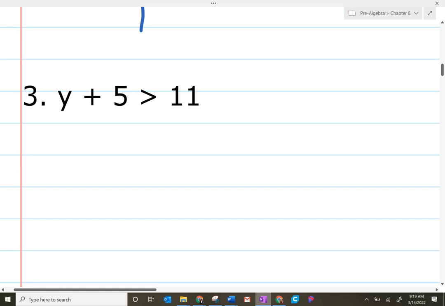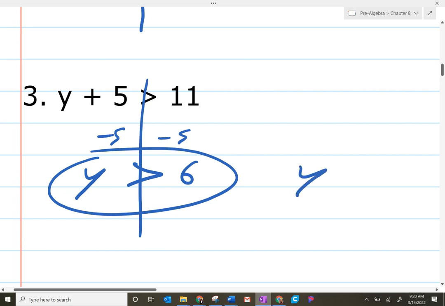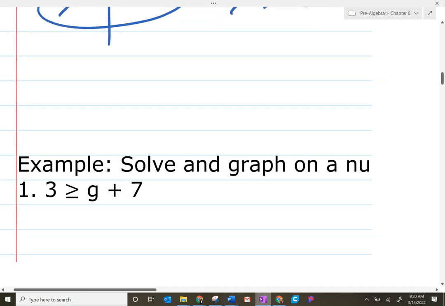Got it. Awesome. Guys, I love it. You guys got this stuff down. Again, you drew that line. You saw that it was plus 5, so minus 5 to both sides. You were left off with y is greater than 6. I'm happy.